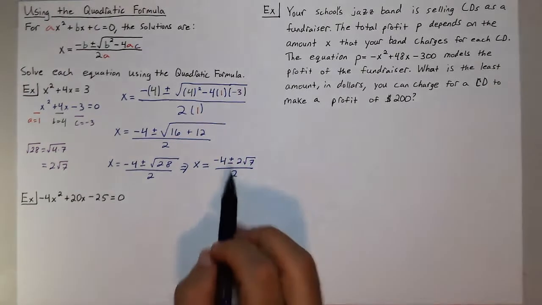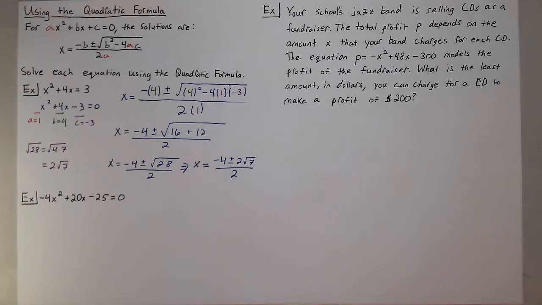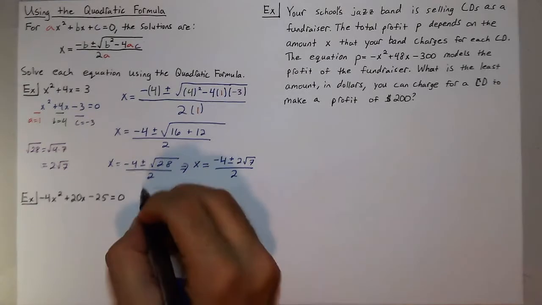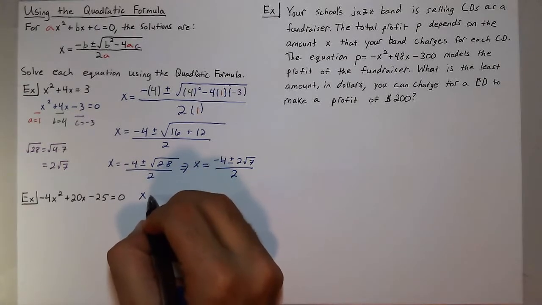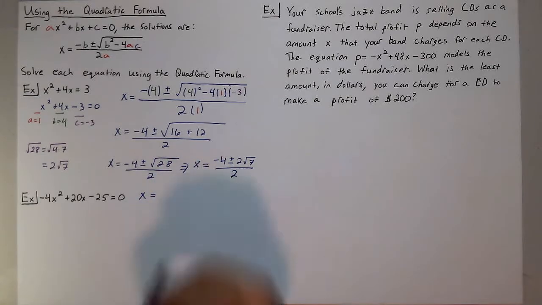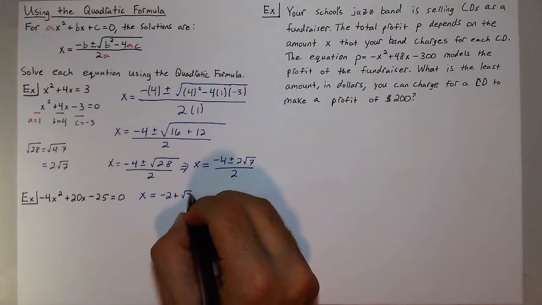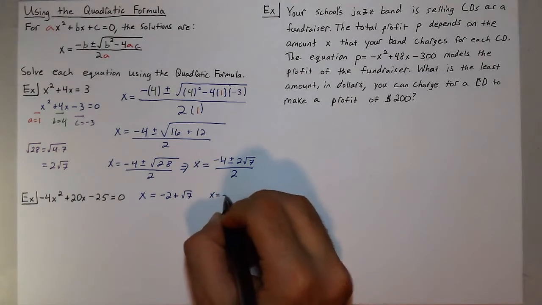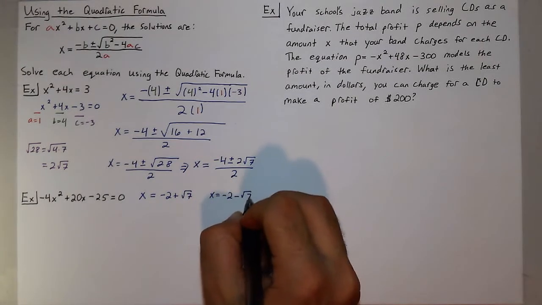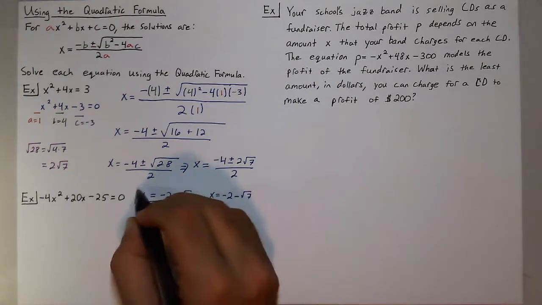And now I can divide each term in my numerator by 2, which gives me 2 solutions. X is equal to negative 2 plus the square root of 7, and x is equal to negative 2 minus the square root of 7 as my 2 solutions.